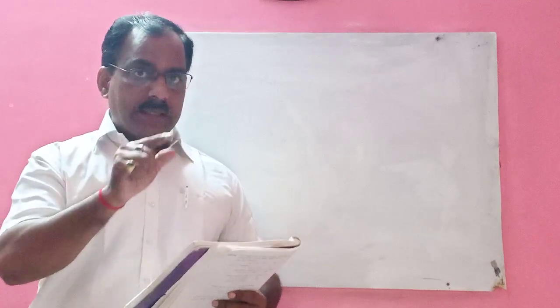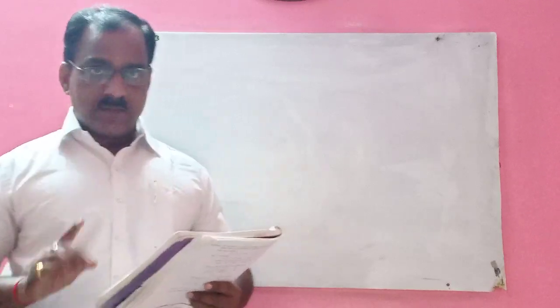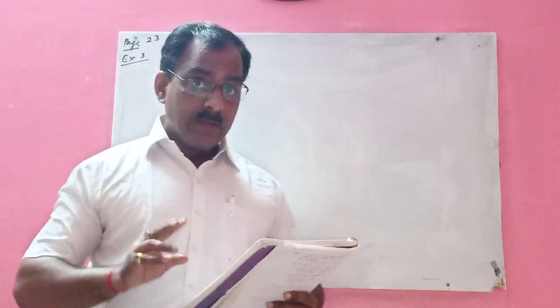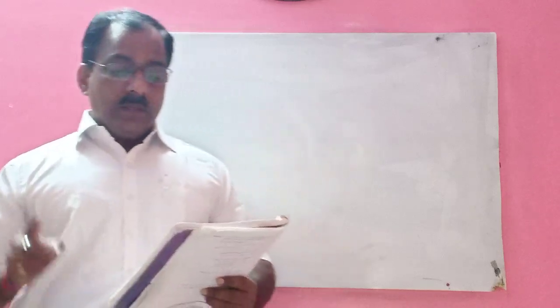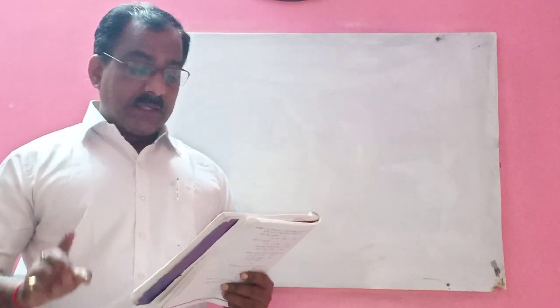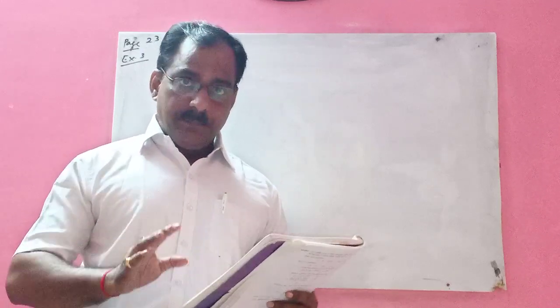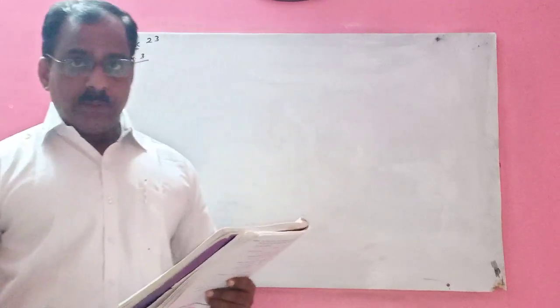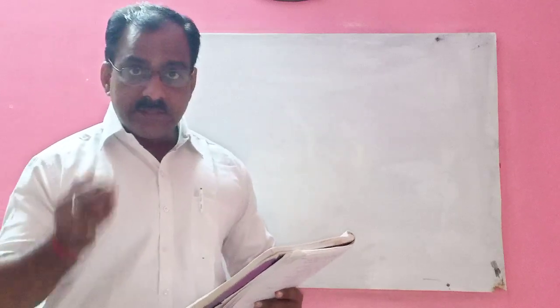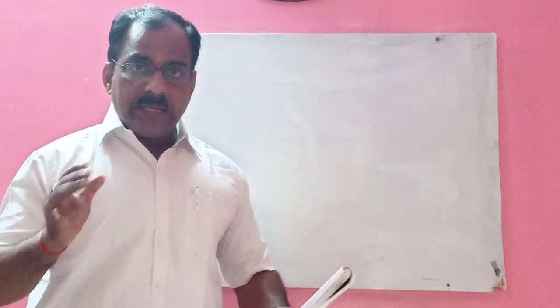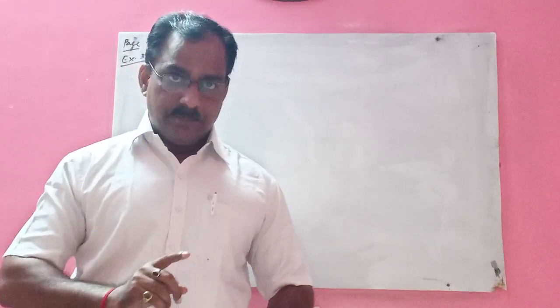The total time taken by the boat is 6 hours. This is condition number 1. Second, the same boat covers 36 km upstream and 48 km downstream. But this time, the time taken by the boat is not 6 hours, children, it is 13.